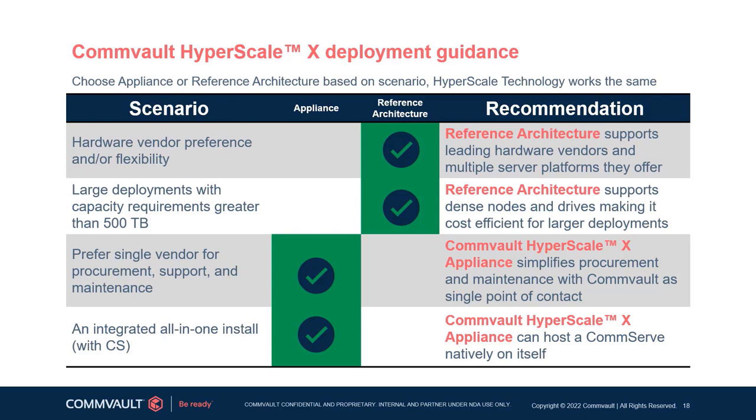Alternatively, if the organization has a preference for a hardware vendor or likes the flexibility of choices there, then they would consider Hyperscale X reference architecture. While both Hyperscale X appliances and reference architecture appliances can support 5 petabyte storage pools, keep in mind that users can get quite a large amount of storage available per node on reference architecture as well.